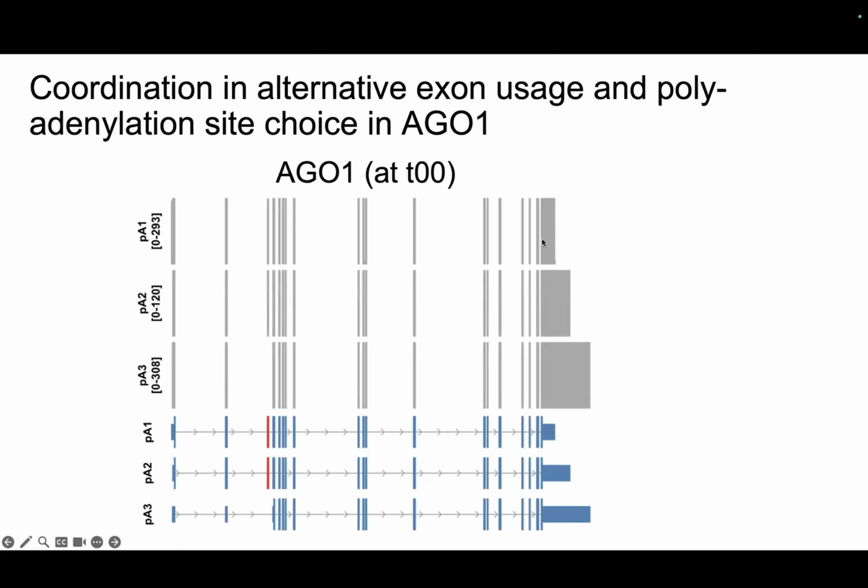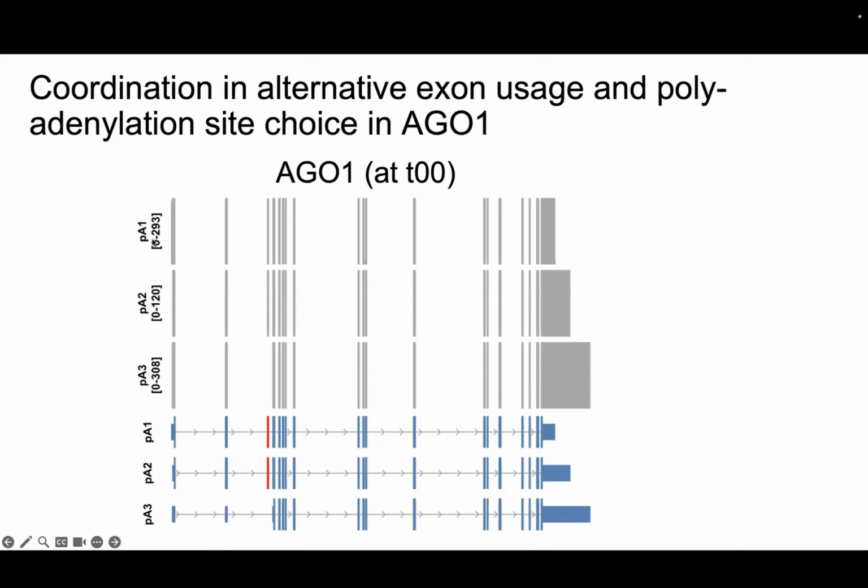Down below we have the gene tracks, and we've highlighted in red this alternatively spliced exon. For the first 2 poly-A sites, the short and medium length poly-A sites, this exon in red is always present, whereas for the longer poly-A site 3, this isoform in red is never present.